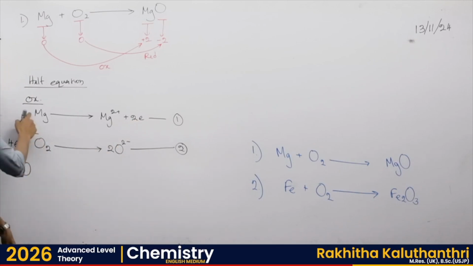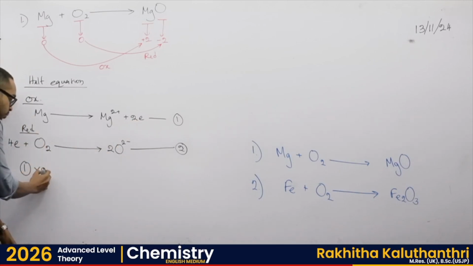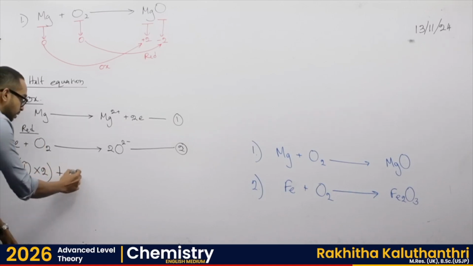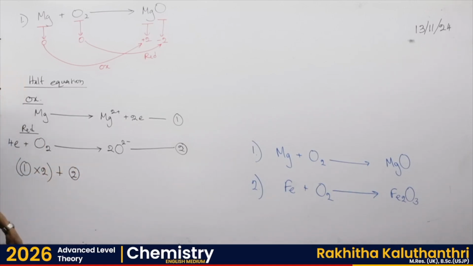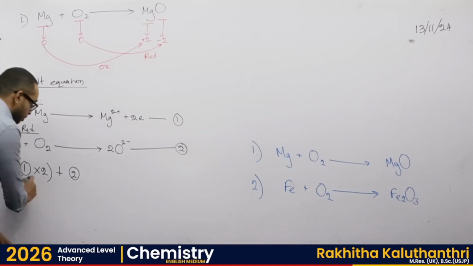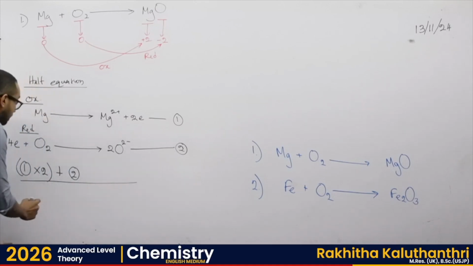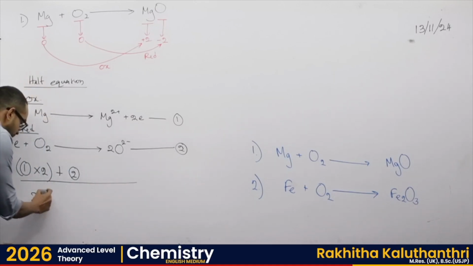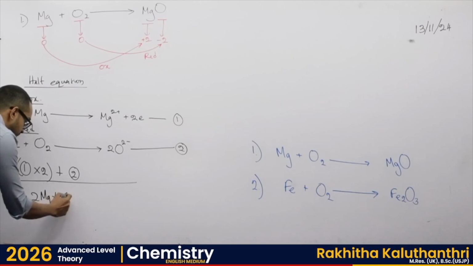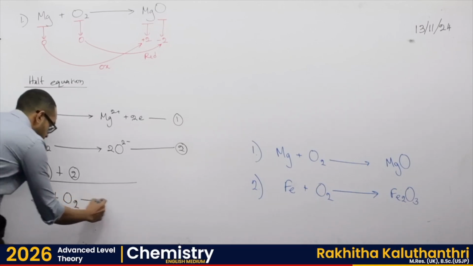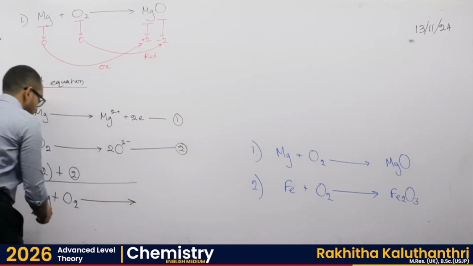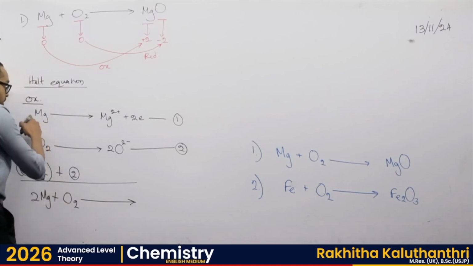We need to multiply the reaction number 1 by 2, and then to that we will be adding reaction number 2. Is that clear? So that means if you do that, you will get 2 magnesium plus O2 turning into 2 magnesium plus O2, because this is 2 here.